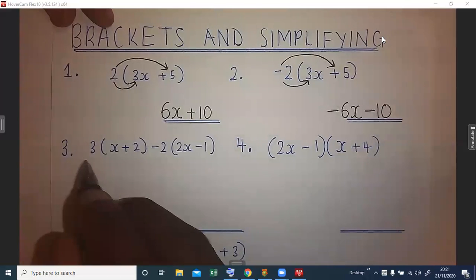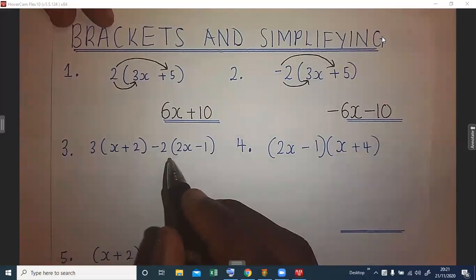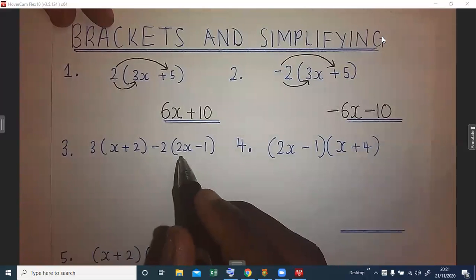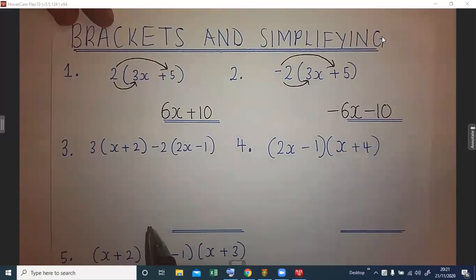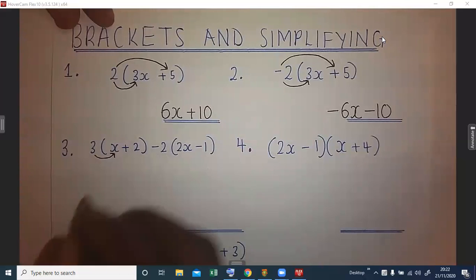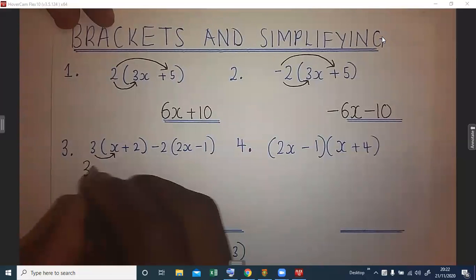When you look at the second question, it shows us that now we have got 2 brackets. In this case, we need to open the 2 brackets and then we simplify the expression. So 3 times x, I'll get 3x.